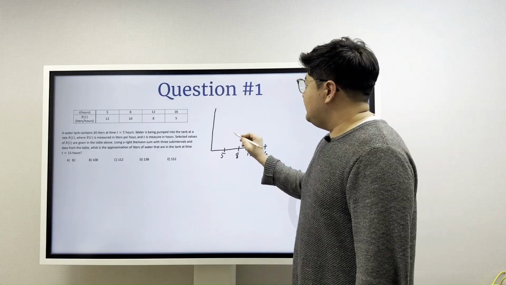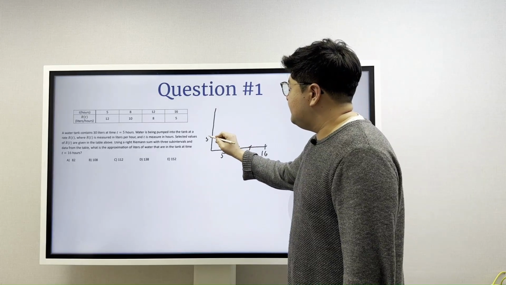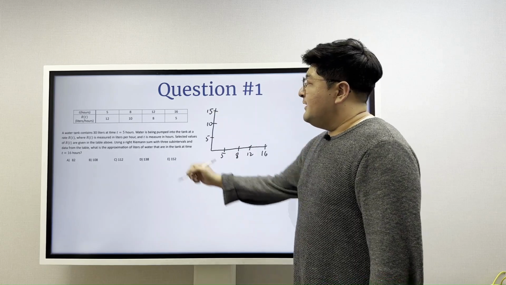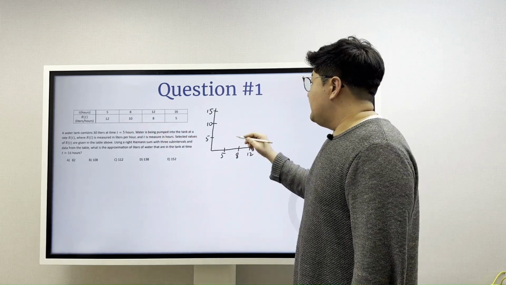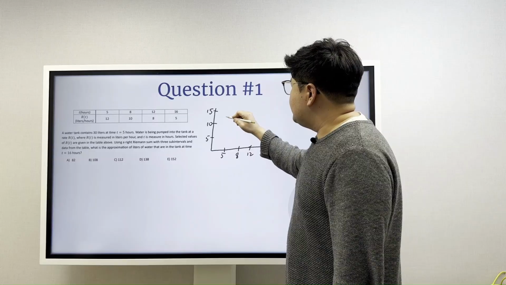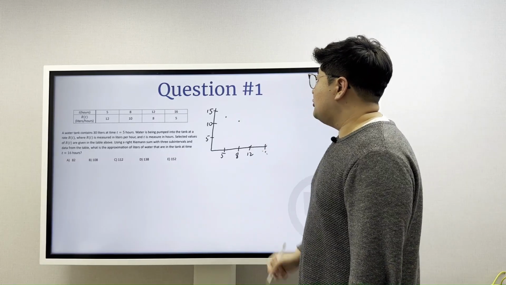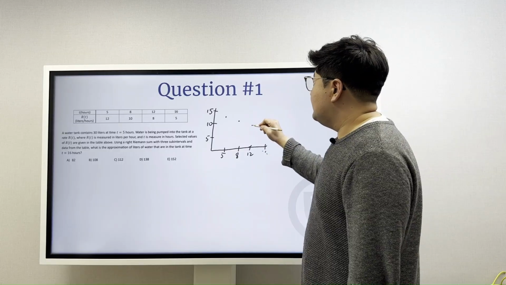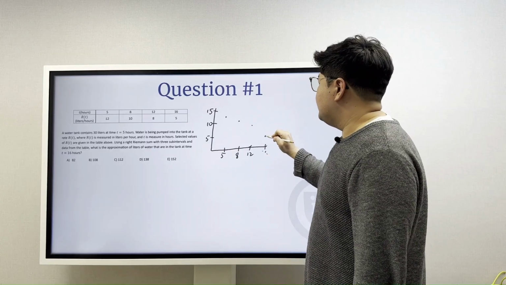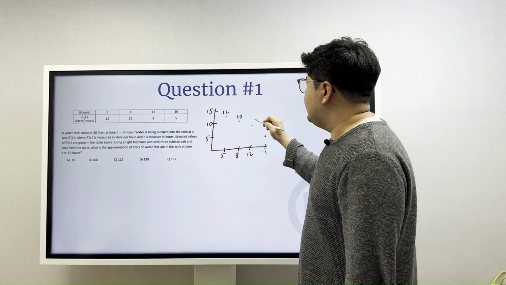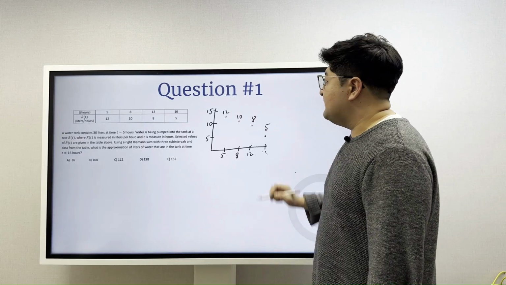At 5, the water is being pumped at 12 liters per hour. At 8, 10. At 12, 8. And at 16, 5. So let's at least write the values up here: 12, 10, 8, and 5.